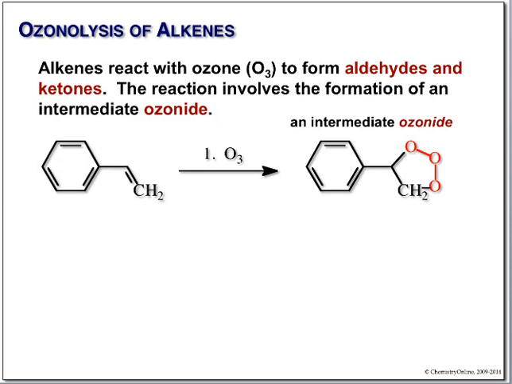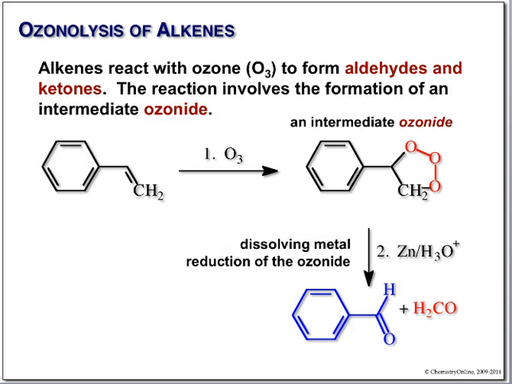Adds to the nice big pi system. The ozonide will break down spontaneously, but it works better if you throw in a little bit of zinc in aqueous acid. As it dissolves, you get hydrogen gas bubbling off, and you wind up, in this case, with 2 aldehydes.